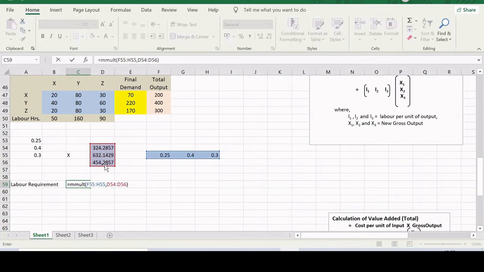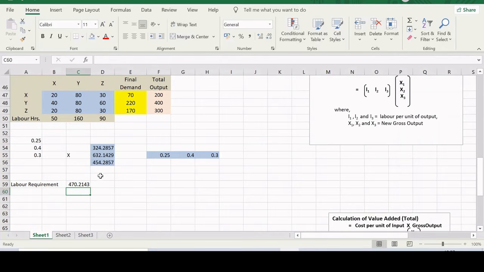If you have a matrix of order more than 1 by 1, then you have to press Ctrl Shift and Enter to get the result. But if you are getting a matrix of order 1 by 1, then if you simply press Enter or Ctrl Shift and Enter, it does not make any difference. So I am pressing simply Enter to get the result.